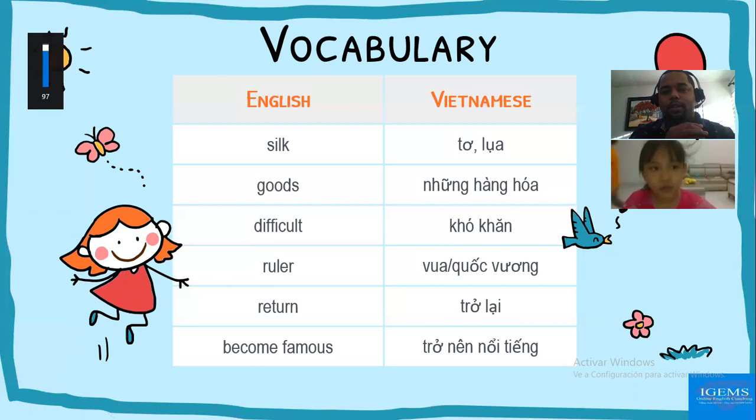Say Taylor Swift can become famous. Oh yeah, why not? Now I can hear you well. Can you hear me well? Yes, because my little sister is singing, so I can't hear. Okay, now it's okay. That's perfect. Now I can hear you very well.